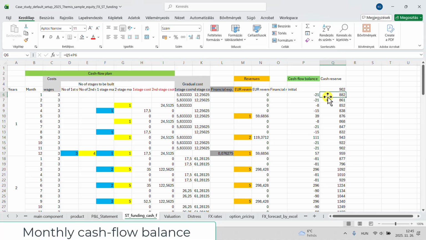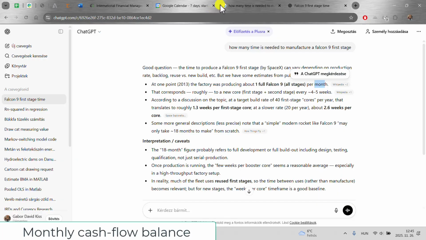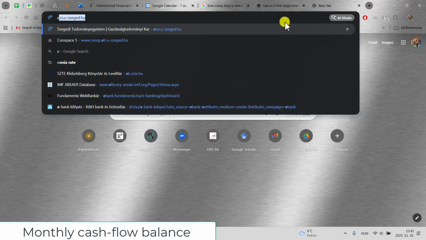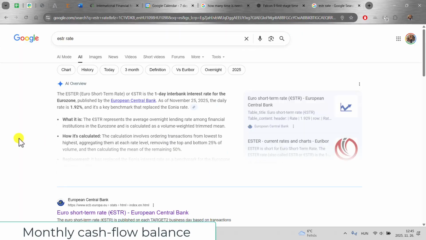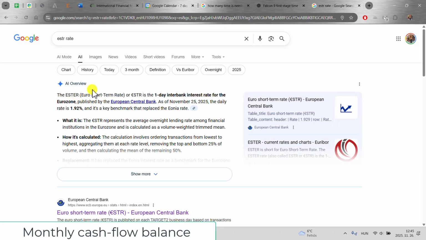So we are forced to have monthly interest. And the euro short-term rate is changing. So this is an overnight interest rate.